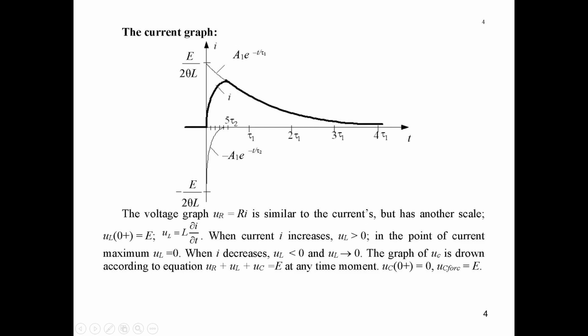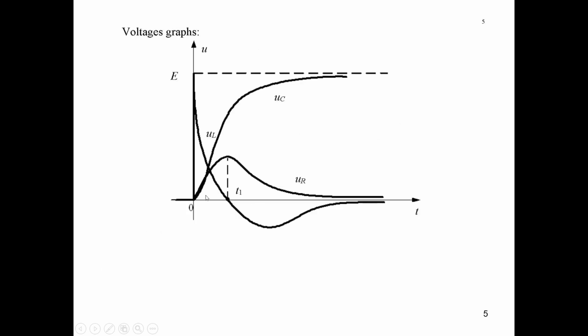Then let's depict UL, and UL equals L dIL by dt. It's IL because it's the same current through all elements, and when current increases for this time, UL will be positive.